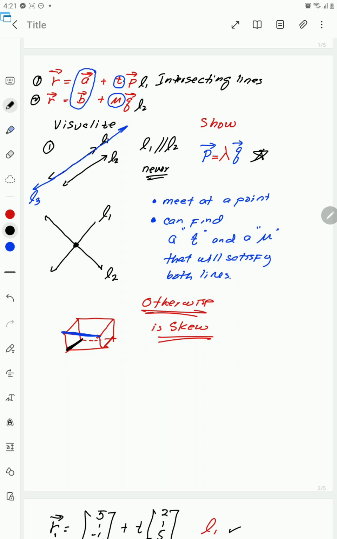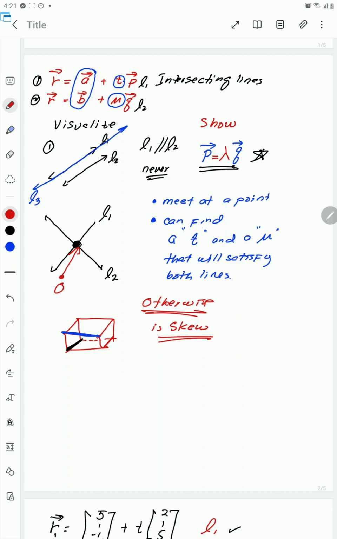They're parallel if you can rewrite the direction of the first line and the direction of the second line, and you can make them equal by finding that lambda. The other one is that when they intersect. If they intersect, they meet at a certain point. So you need to find the position vector of that point from the origin.